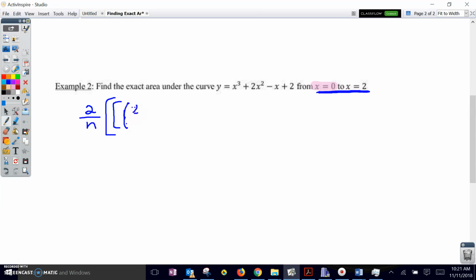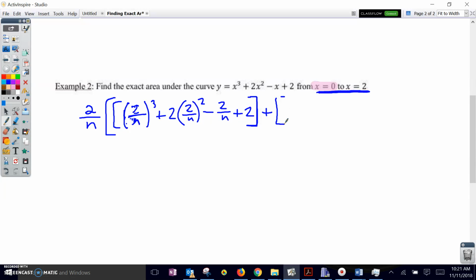That gives me 2 over n quantity cubed plus 2 times 2 over n quantity squared minus 2 over n plus 2. And that's the value for the height of the first rectangle.